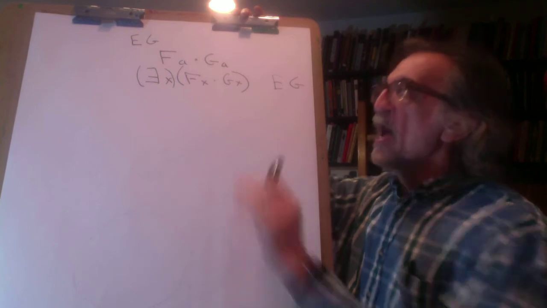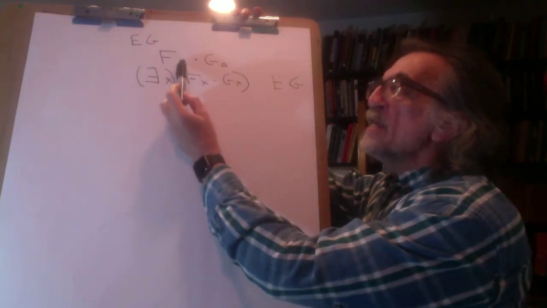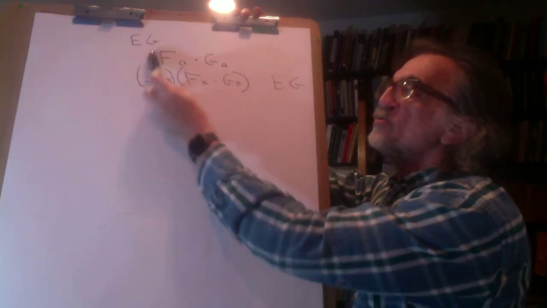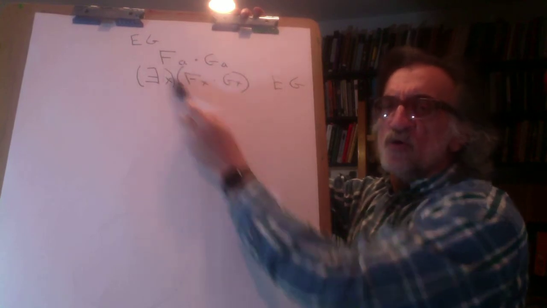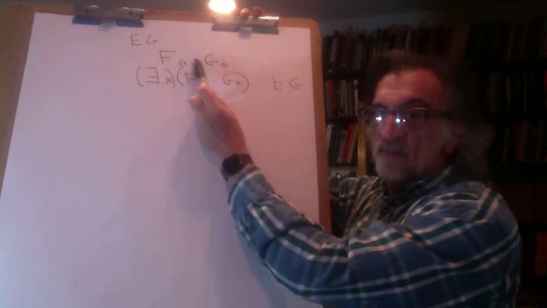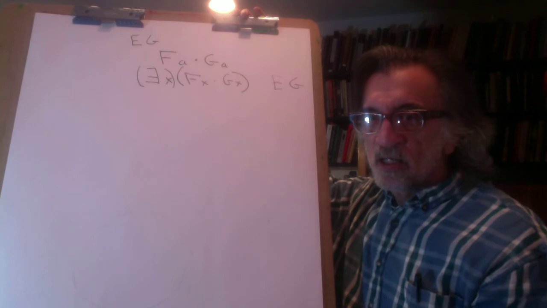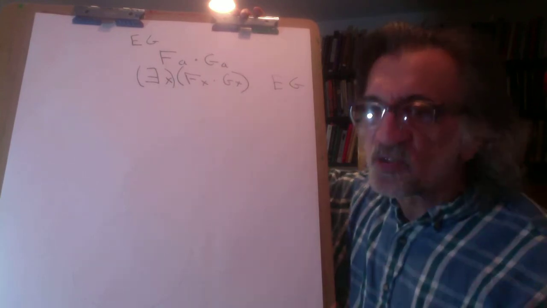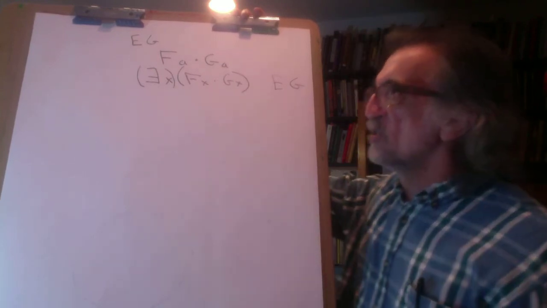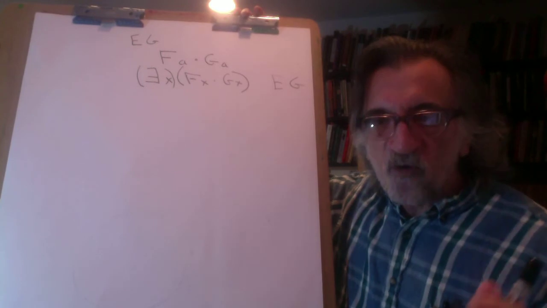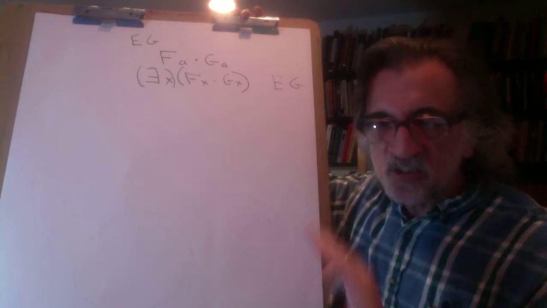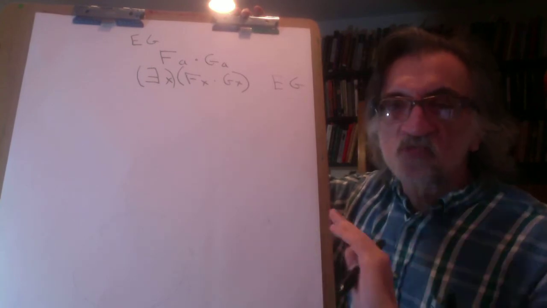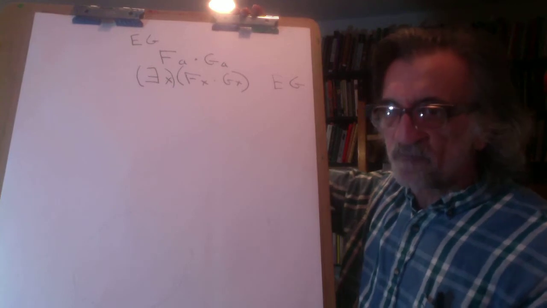That's true. However, you can apply all the rules that you learned about conjunction, for example, to this conjunction, just as you did in propositional logic. So of the four operations, existential generalization is one that you just don't have to worry about.